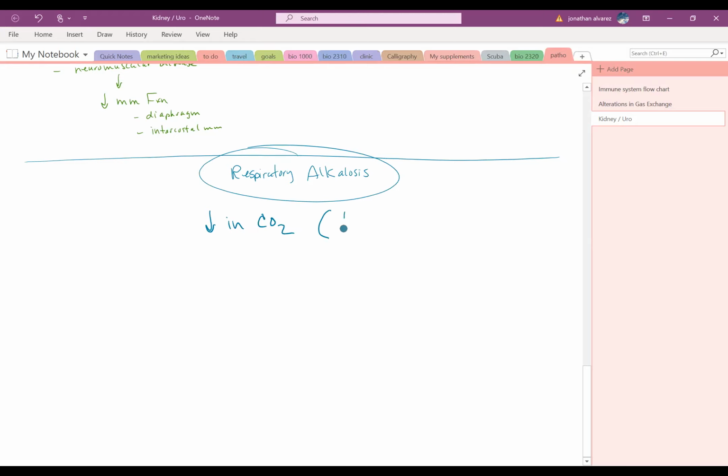Fancier way of saying that is the decrease in carbonic acid. And you're becoming too alkaline, which means you're getting closer to 14. So you may have a score of 8 point something, 9 point something, whatever. The closer you get to 14, the worse it is.